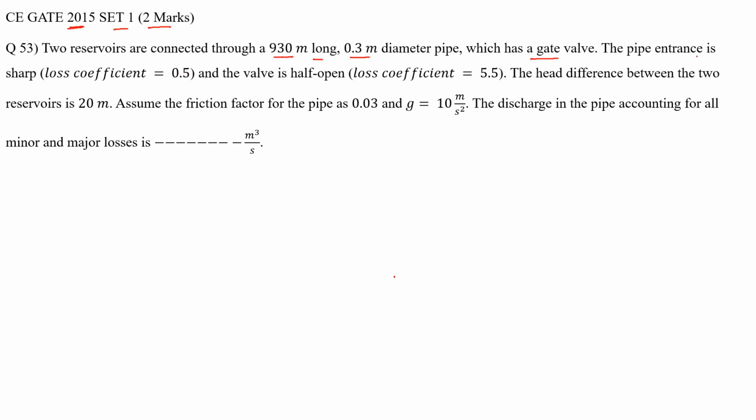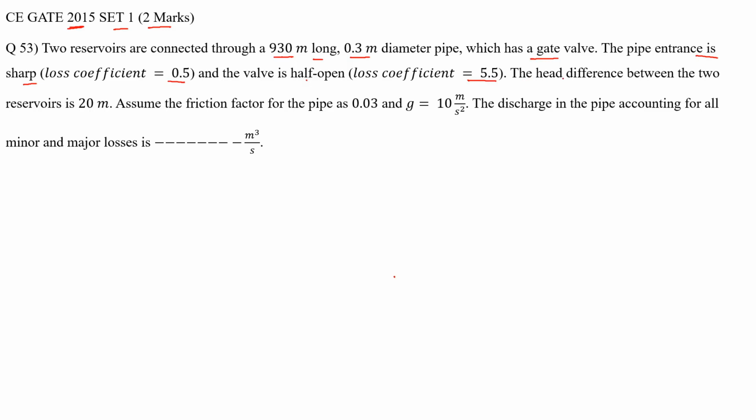So remember they mentioned that the pipe entrance is sharp and the corresponding loss coefficient is given as 0.5. Okay, and the valve is half open. Due to this half open valve, there is a loss encountered by the flow, and thus the loss coefficient is given as 5.5.